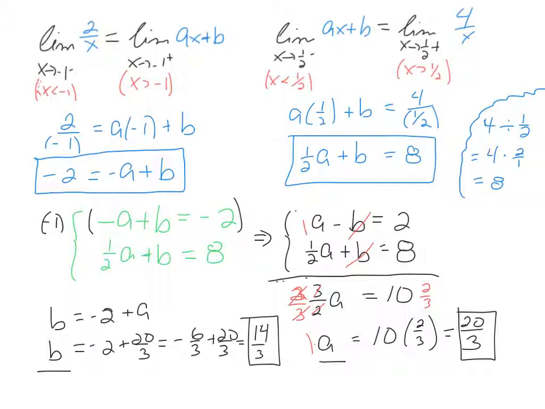Now that I have the parameter a, I can go back to this equation up here, and push the a over to the other side, so I'll have minus 2 plus a, and that solves for b. I take my a value, 20/3, and add it in here, so I have minus 2 plus 20/3. Minus 2 is the same as minus 6/3 if I want a common denominator, and that gives me 14/3.